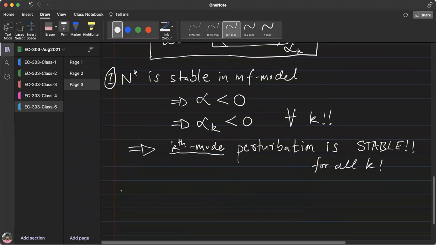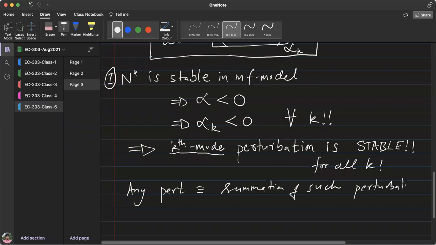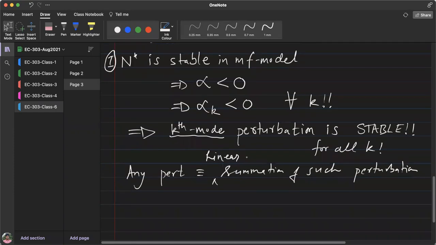And remember now that any perturbation is a summation of such perturbations, right? Not only a summation, but I'm very specific, it's a simple linear summation. I'm not doing any squaring or anything like that, right? So any perturbation can be written as a summation of such perturbations.